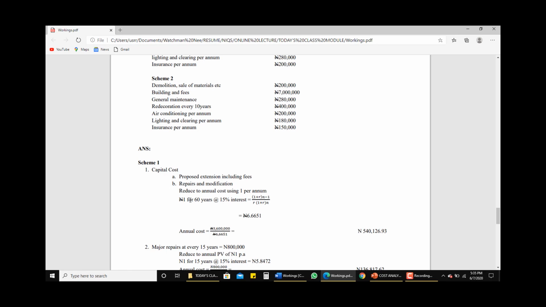The formula for 1 naira per annum is 1 plus R, where R represents the interest rate, raised to power n. Don't mind me, I couldn't see how to make this n a superscript.